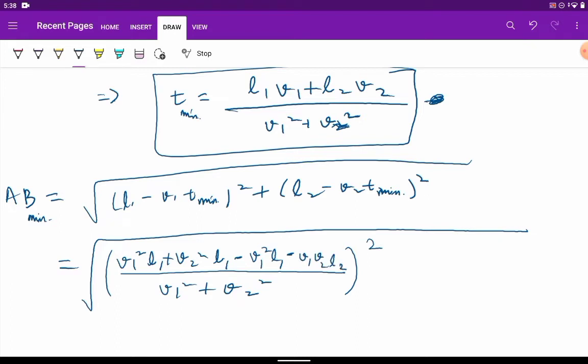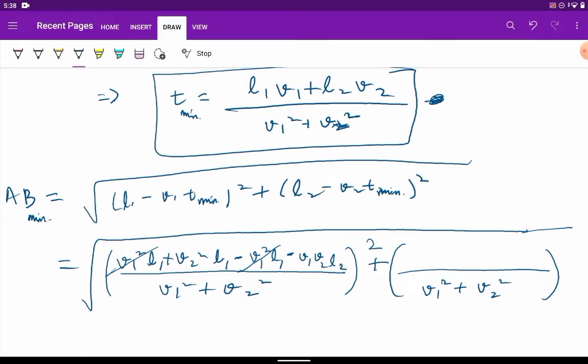So V1 square L1 minus V1 square L1 cancel out, right? Similarly, the second term again has the denominator V1 square plus V2 square, but in that case V2 square L2 would get cancelled out.